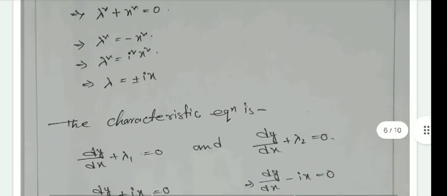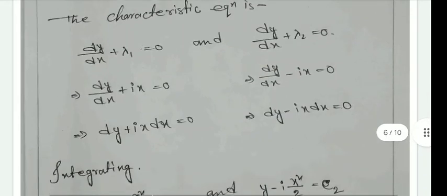After that we find the characteristic equations. These are the characteristic equations: dy by dx plus lambda 1 equals 0 and dy by dx plus lambda 2 equals 0, where lambda 1 is ix and lambda 2 is minus ix.